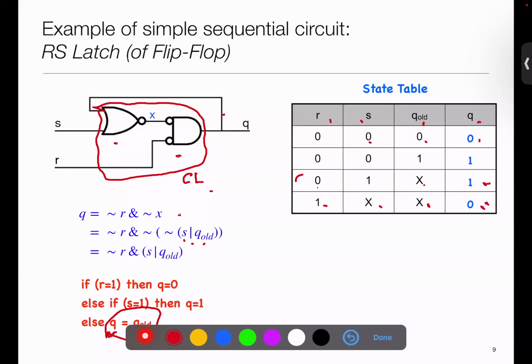Likewise, 01X means 0,1,0 and 0,1,1. For both of them, Q is 1. So the full truth table, you can write it as 8 rows, but this is just a more compact notation. So in case of sequential systems, for the combinational logic part, we call the truth table the state table. Okay, but this is basically nothing but a truth table. These are the inputs.